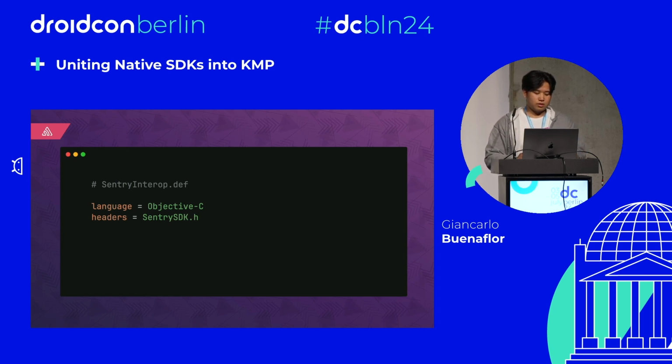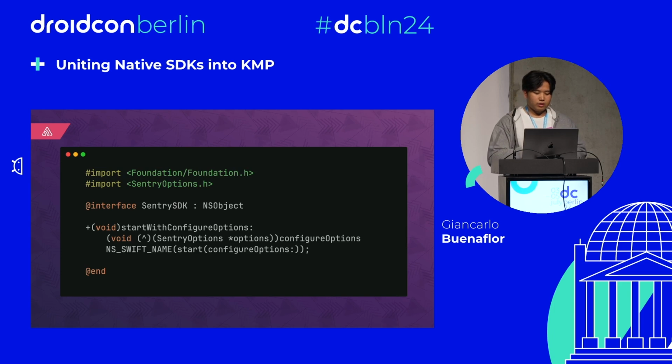In this case, we can see that it's a Sentry SDK header, and this header is taken straight from our iOS SDK. As an example here, the actual header file is a lot larger, but I can basically trim everything I don't need. I only care about creating bindings for this one function, at least for this MVP.